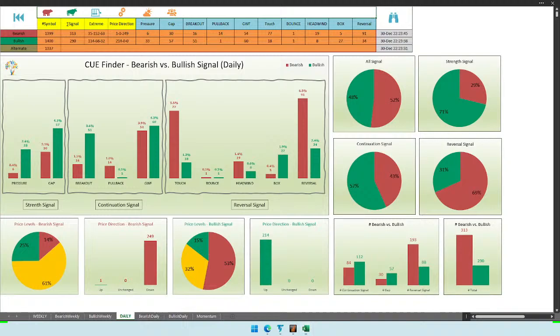What about daily time frame? It is mixed. That is again expected. The last trading day of the year, neutral, you may say. No clear signal from here. We have more than 1%, 1.4% of stocks giving bearish headwind reversal signal on the last trading day.